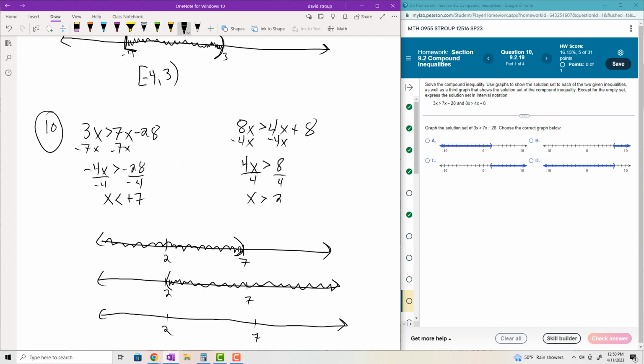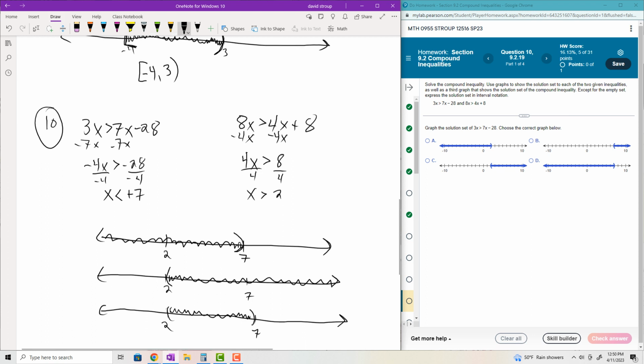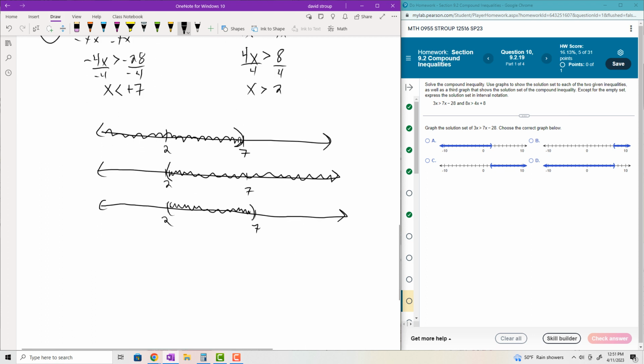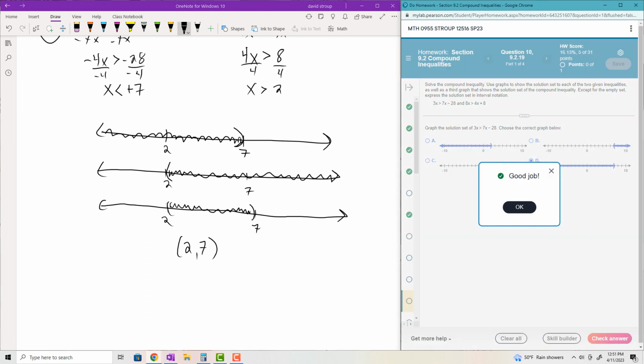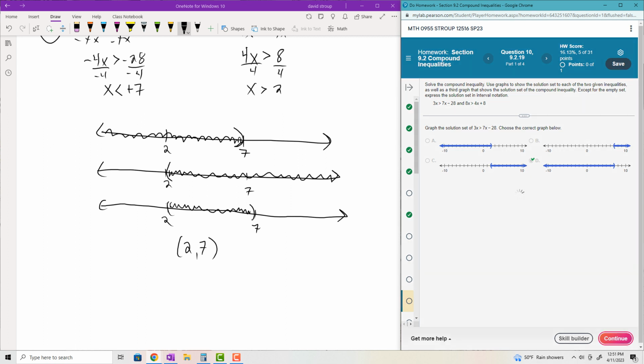So now there is an overlap between 2 and 7. We can't include 2 or 7. 2 is not included in the second interval. 7 is not included in the first interval, so we're just stuck with all the numbers in between 2 and 7.